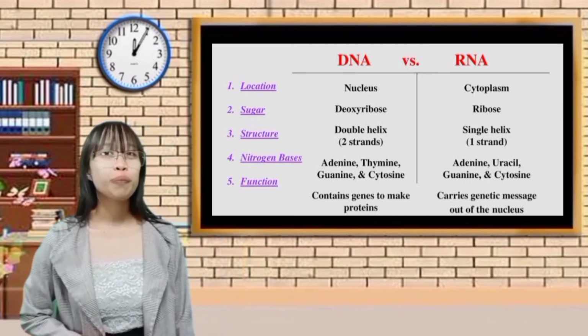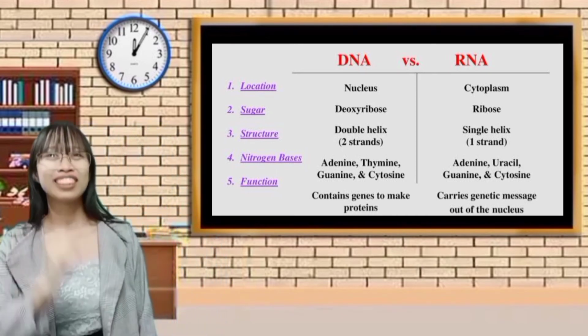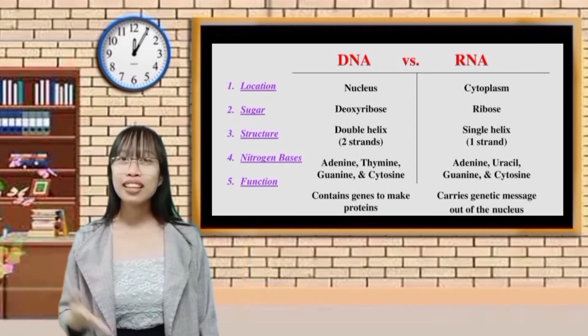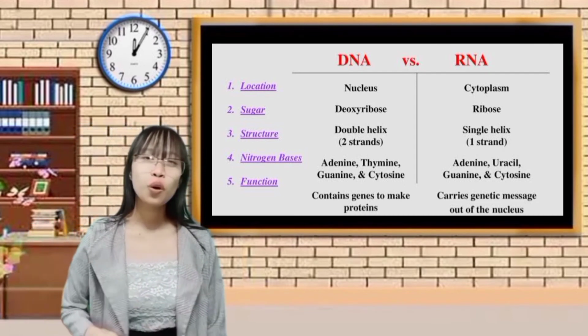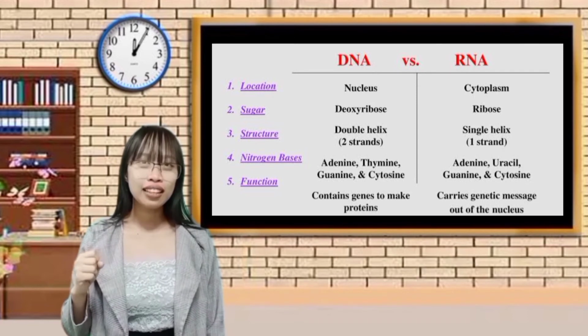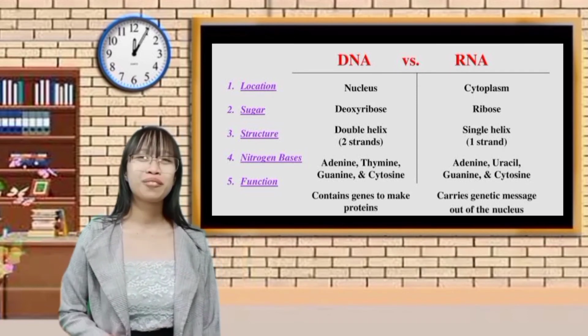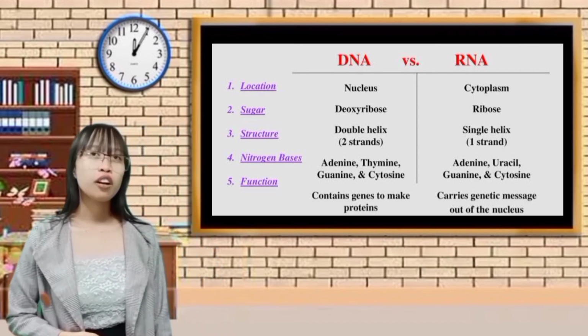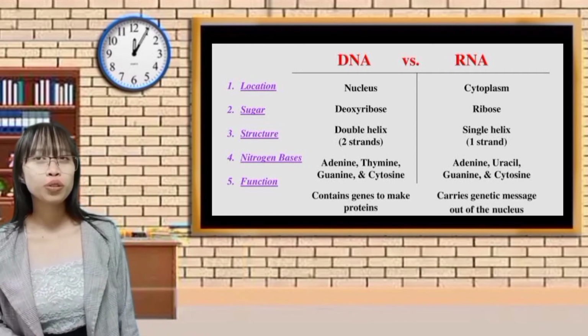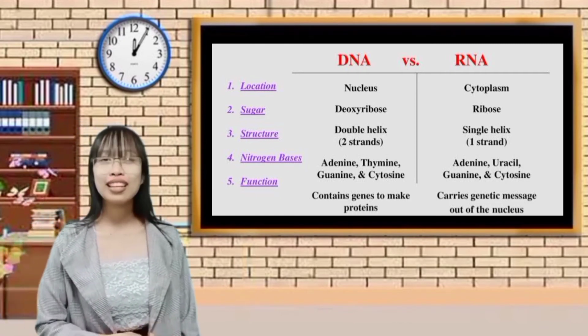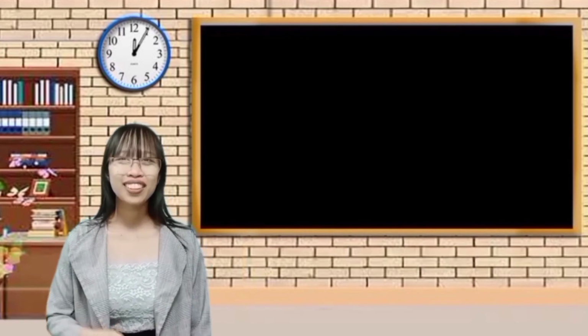Then cytosine pairs with guanine. So, third, DNA is located inside the nucleus while RNA is in the cytoplasm. And lastly, the sugar for DNA is deoxyribose while the sugar for RNA is ribose. Okay, great job.